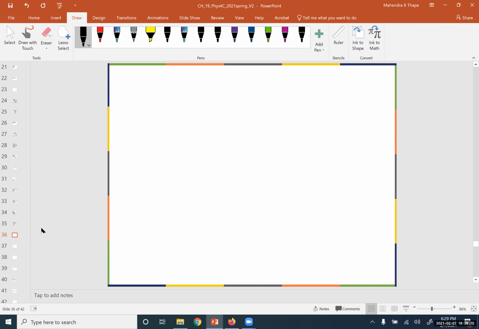So we know for an ideal gas, P1V1 equals nRT1, and P2V2 will be equal to nRT2. So we can replace them by nRT1 and nRT2. So we'll get work done equals nRT2 minus nRT1 over minus gamma plus 1.